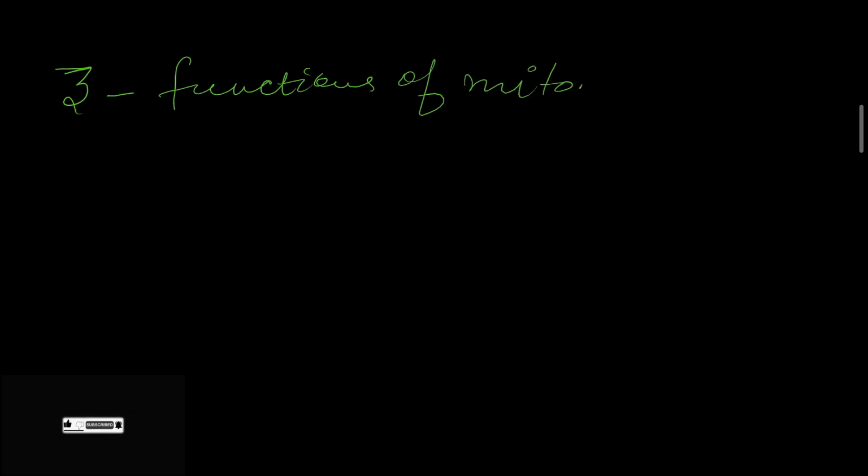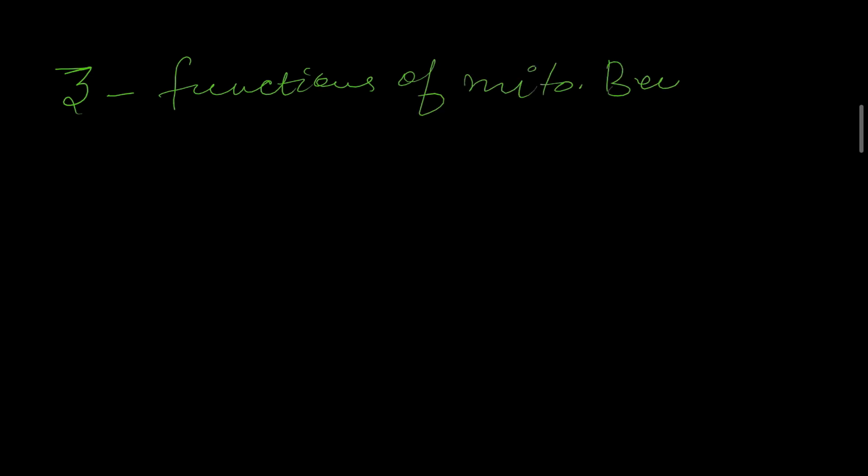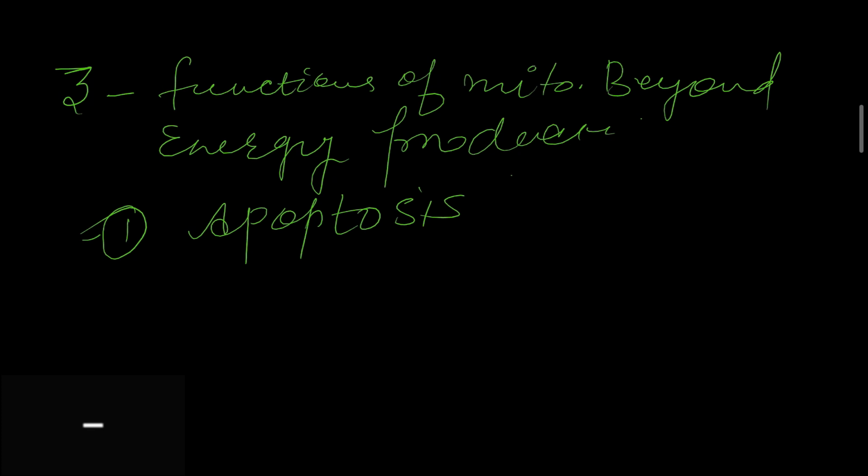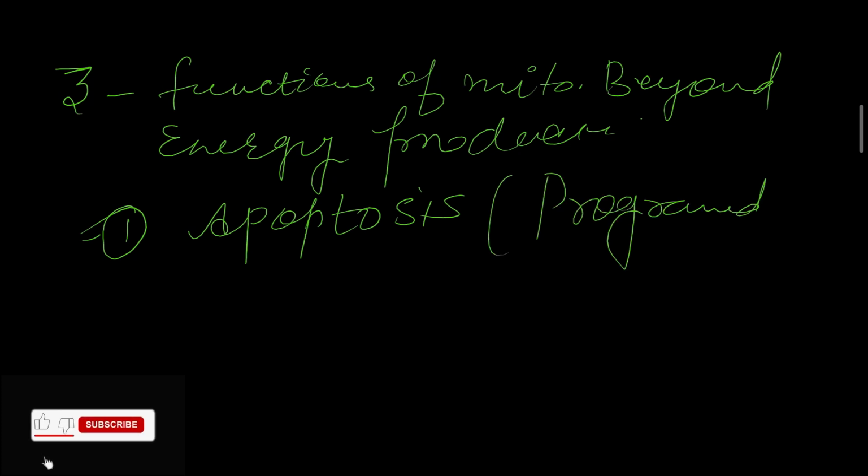Third part is functions of mitochondria beyond energy production. There are also many functions, among which first is apoptosis, meaning programmed cell death.